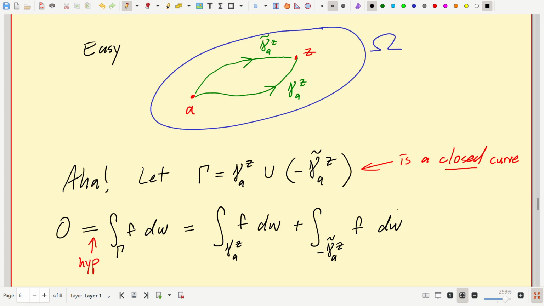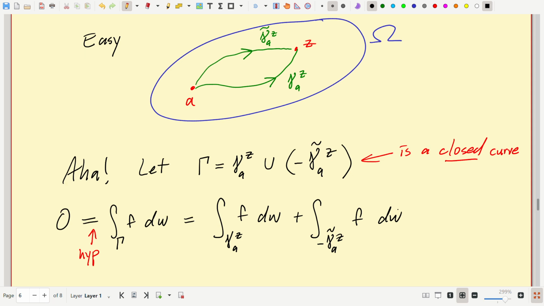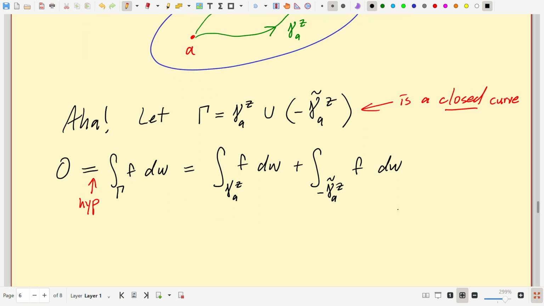And you remember when I defined the complex integral, it was a Riemann sum, where I added up things. If I go the other way, those things would be interchanged, and it would give me a minus sign. So this is an easy fact that follows from the definitions. This is equal to minus if you go the other way.